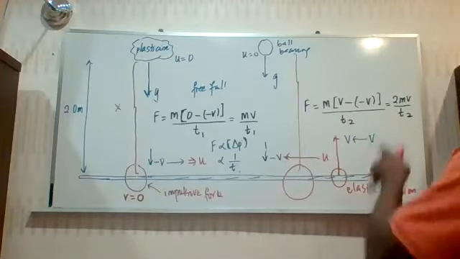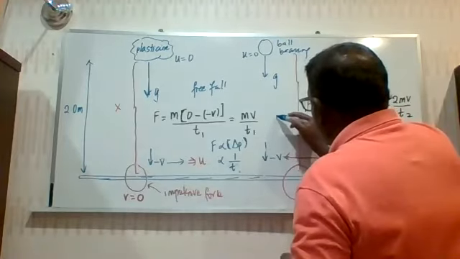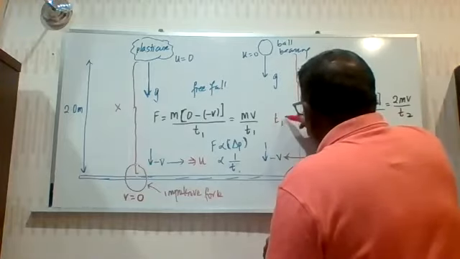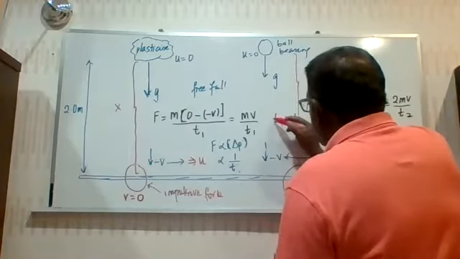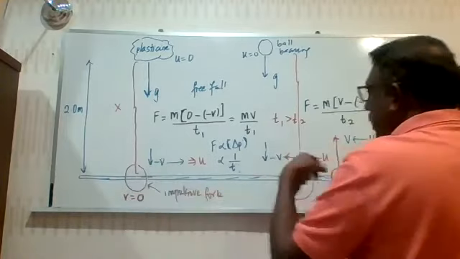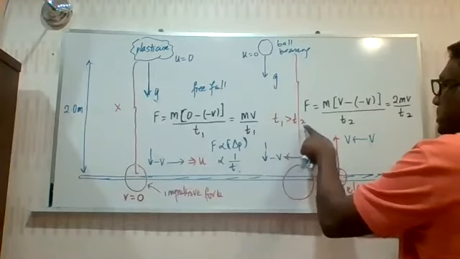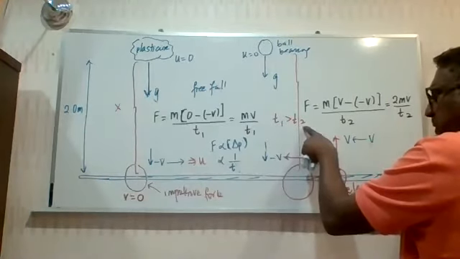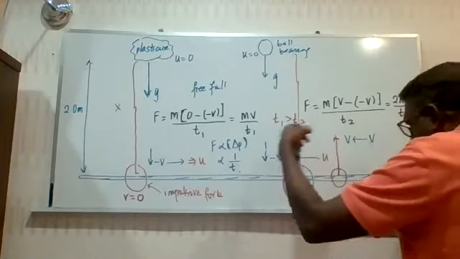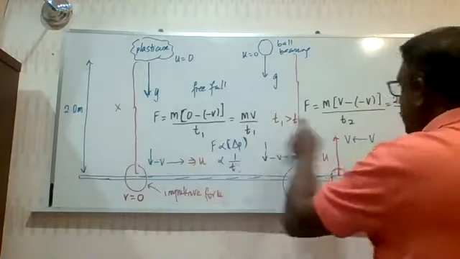Number 2, you know that the time of impact, your T1, will be longer than your T2 because it's a soft material. Soft material, upon impact, there'll be a lot of cushioning, and therefore T1 will be definitely longer than T2. But you can assume for your discussion purpose, okay, let the time be the same.